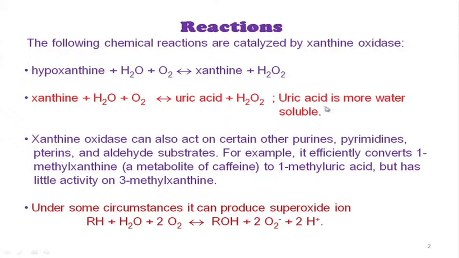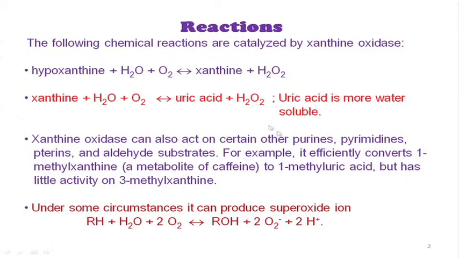In this case, uric acid is more soluble in water, and the solubility of xanthine in water is less compared to uric acid. So, this is another driving force pushing the reaction from left to right: the uric acid produced is more soluble in water, and that is why we ultimately get uric acid in urine. It gets solubilized in urine and passes out from our body.